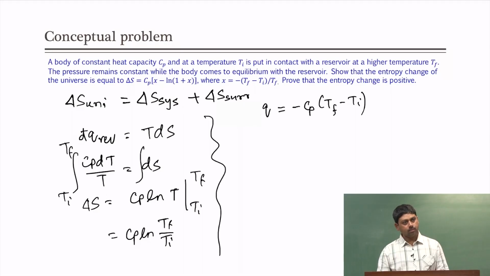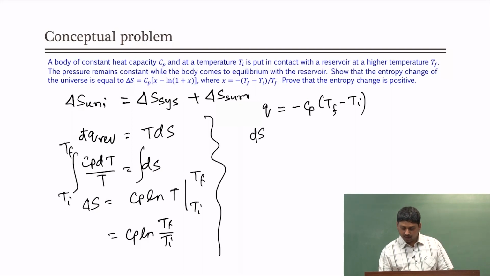Is it okay? What do you think? What is the dq? dq is Cp dT, right. How much heat is going out? Heat is going out according to the heat capacity and the temperature difference. How much heat was going into the system? For the system it was Cp delta T.